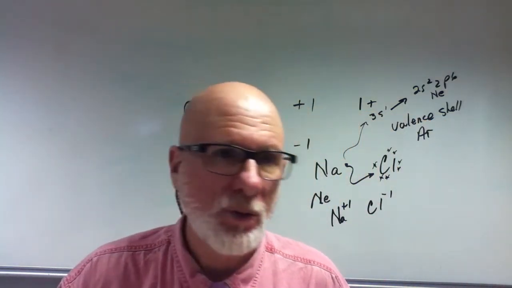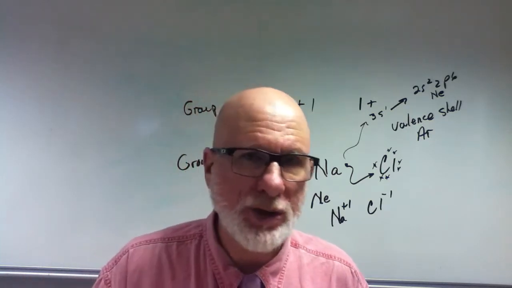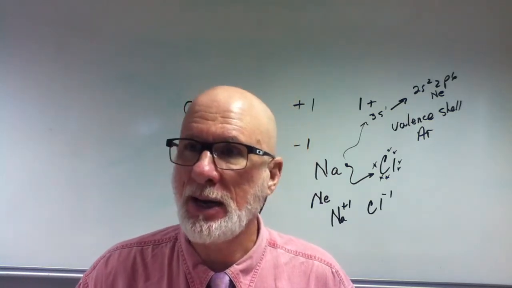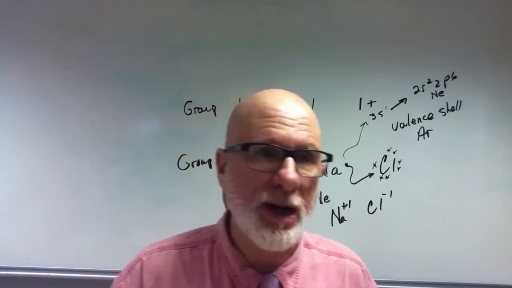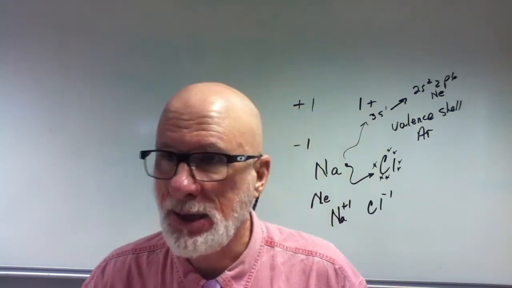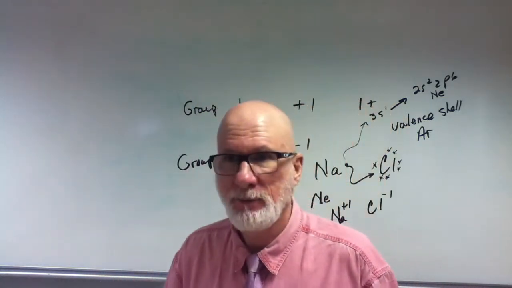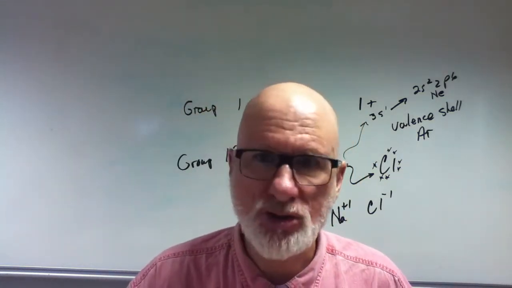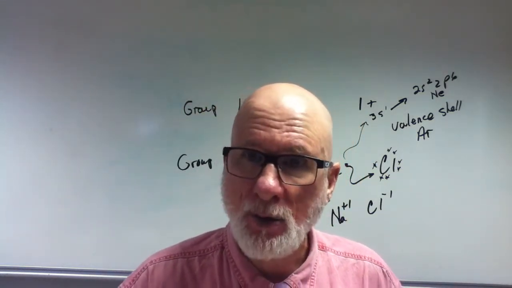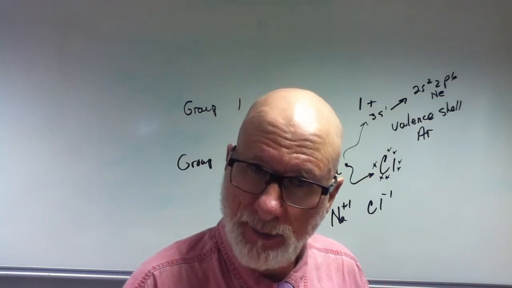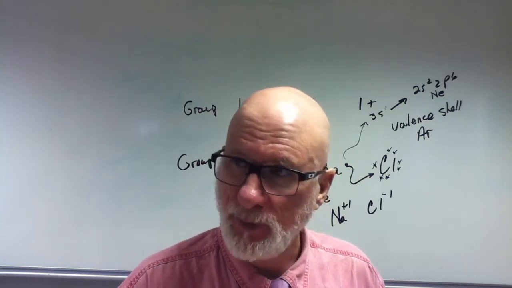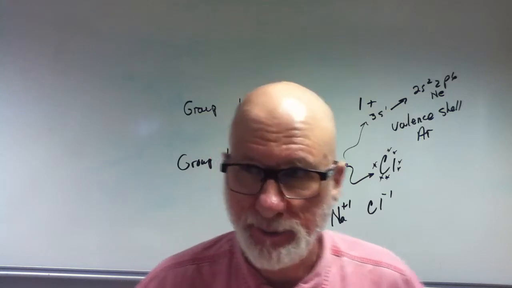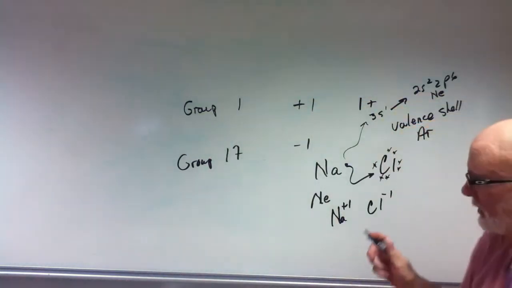Now, what would you consider to be an ionic bond? Well, an ionic bond on paper means that you have a transfer of an electron. The difference in electronegativity is so strong that one atom literally rips an electron from the other atom, creating an ion.